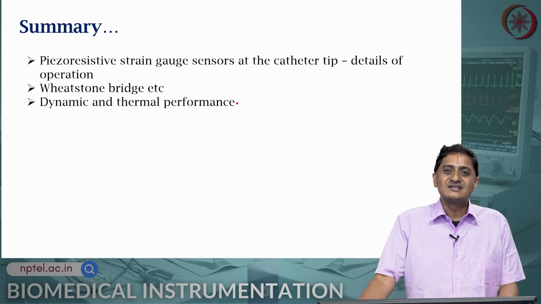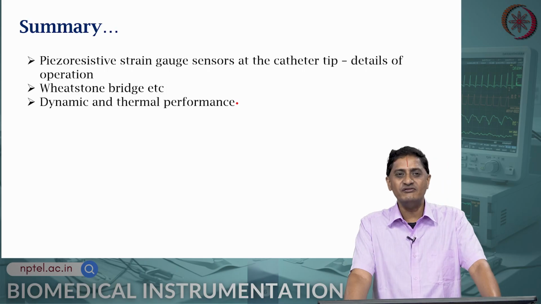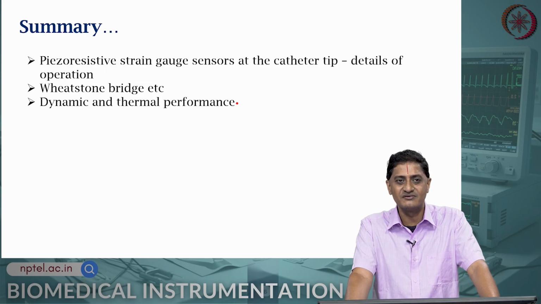So, with this we come to the end of this video. In this video we looked at one specific type of pressure sensor at the catheter tip, which is the piezoresistive strain gauge sensor. We looked at the design of the Wheatstone bridge.